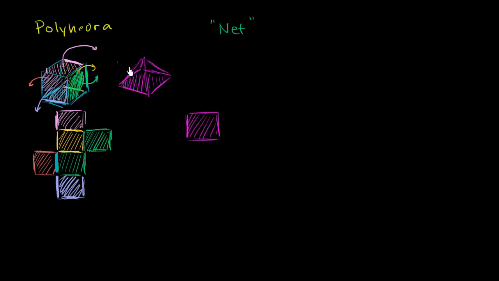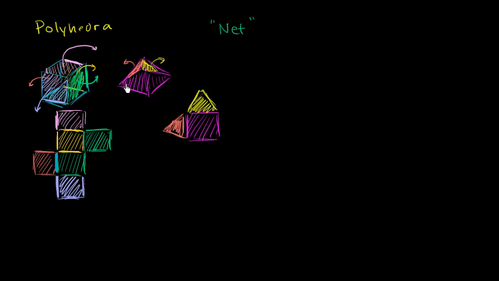So for example, we could take this side right over here, fold it out, and it would look like that. We could take this side back here, and once again, just fold it out, and it'll look like that. It should be the same size as that orange side, but I'm hand drawing it, so it's not going to be perfect.